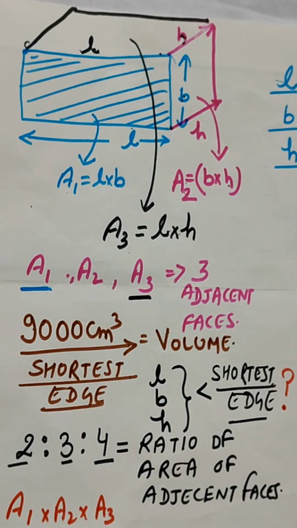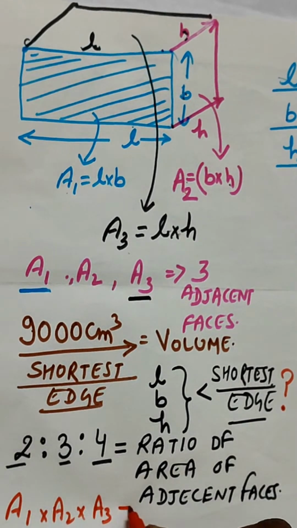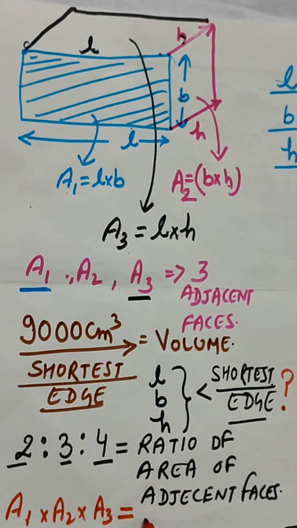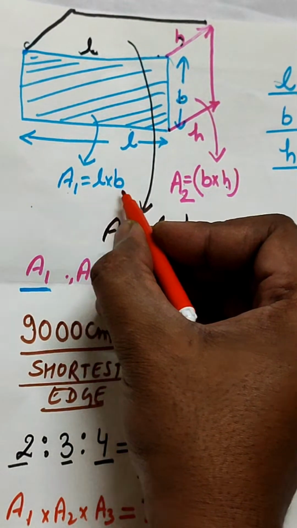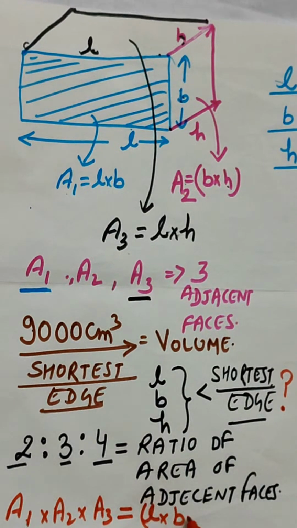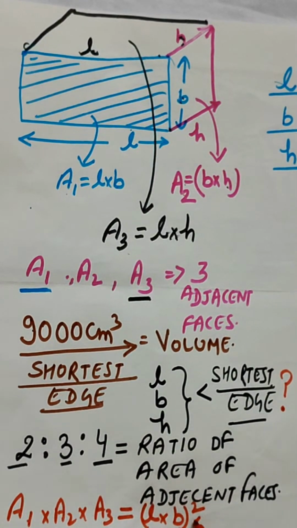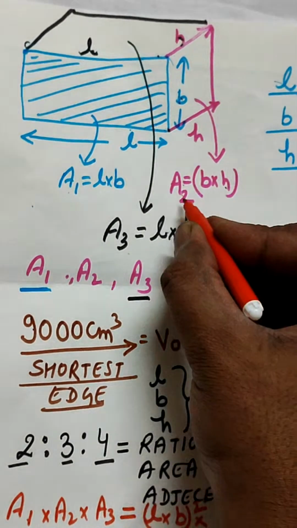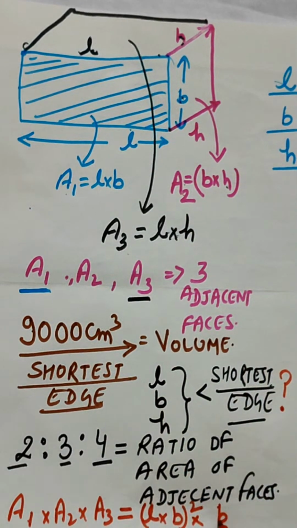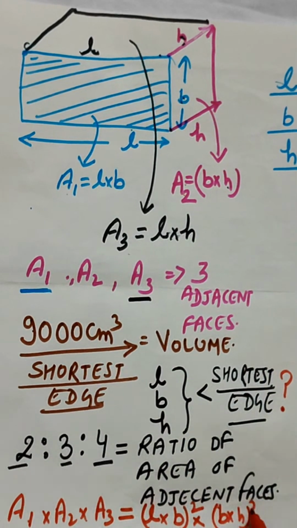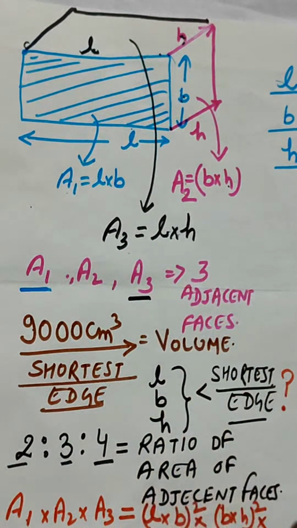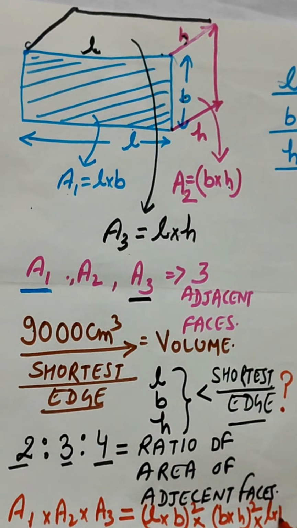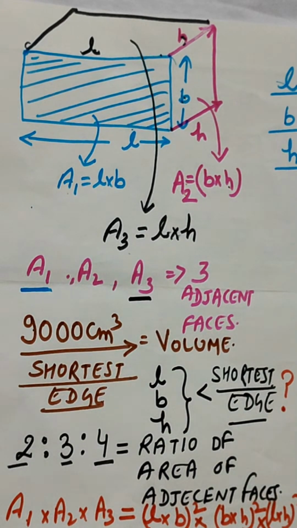So this is equal to L into B, then the second area B into H, and the third area L into H.